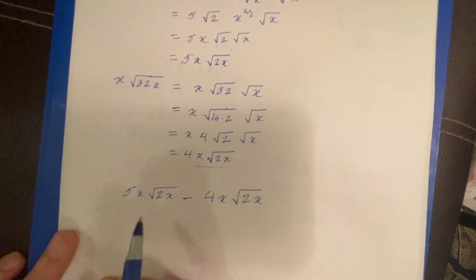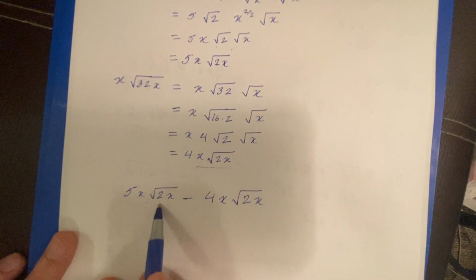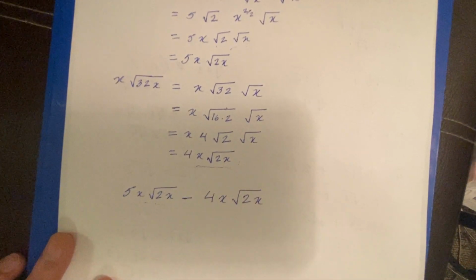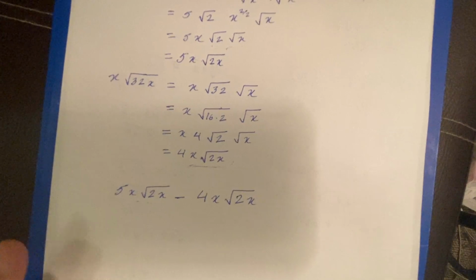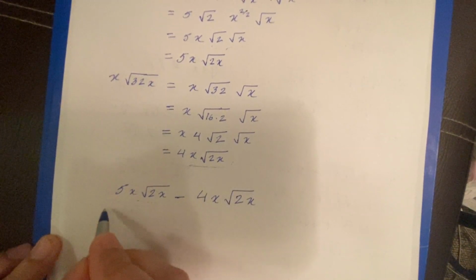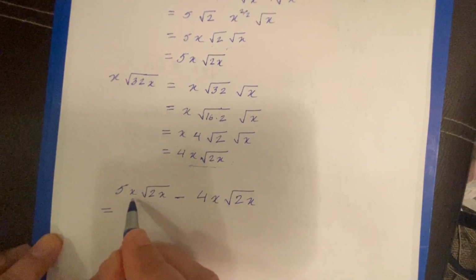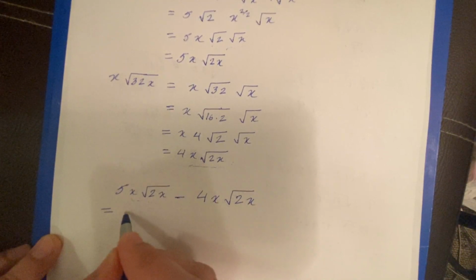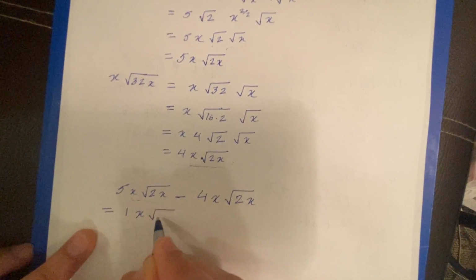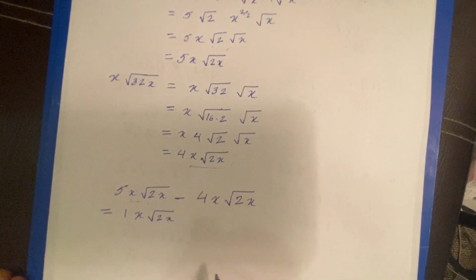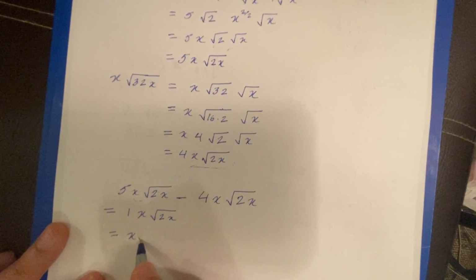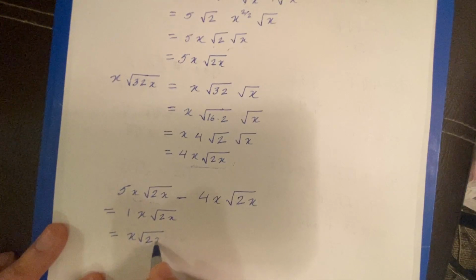Since this whole thing is the same, these two are like terms. So now we just have to subtract 5 and 4. 5 minus 4 is just 1. So that means we're just going to have 1 times x times square root of 2x. You don't have to write 1. So you can just write x times square root of 2x.